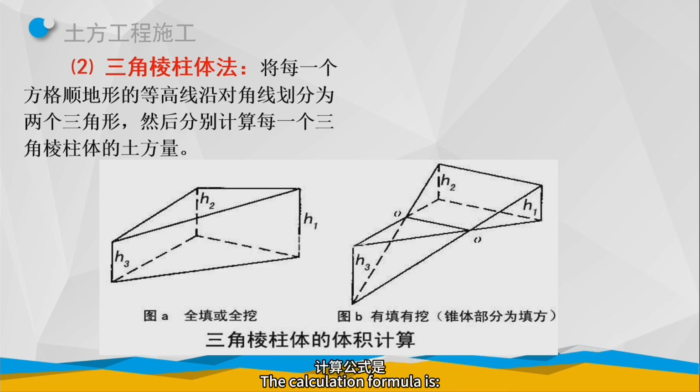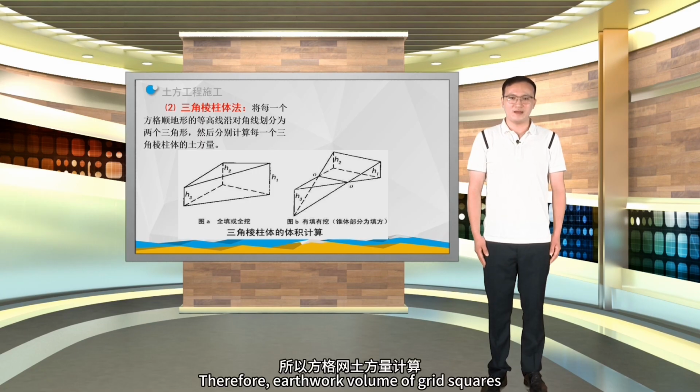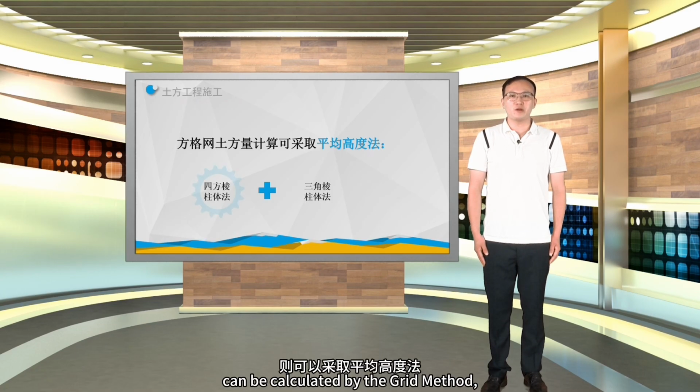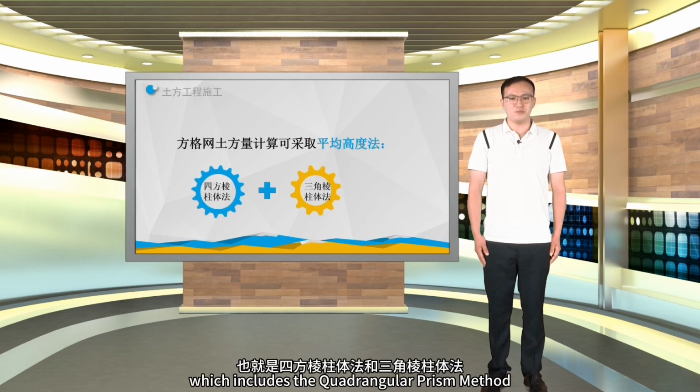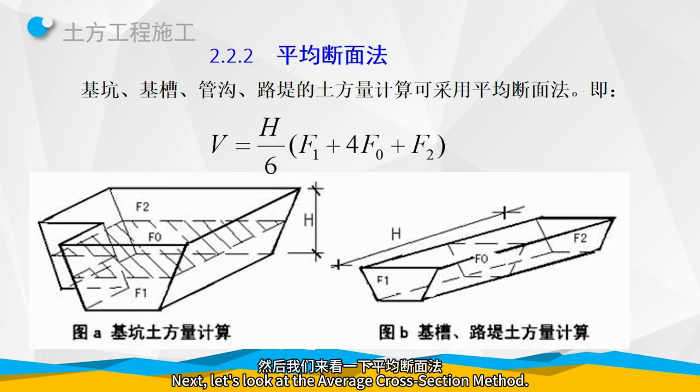The calculation formula is V = A²/6 × (H1 + H2 + H3). Therefore, earthwork volume of grid squares can be calculated by the grid method, which includes the quadrangular prism method and the triangular prism method. Next, let's look at the average cross-section method.